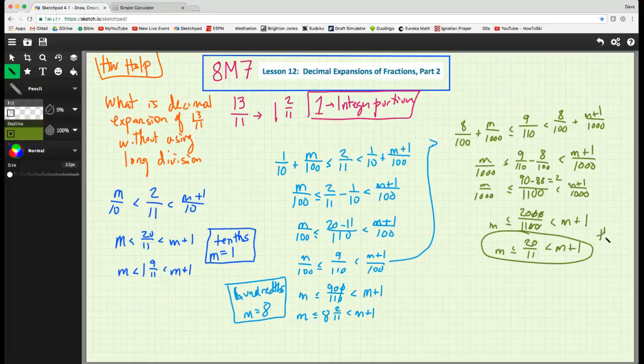So our thousandths digit, or our 1 over 1,000th, is equal to 1. And we have a repeat from earlier, which gives us a 1 and then an 8, and then a 1 and then an 8. So our answer is 0.181818 dot, dot, dot. And remember our integer portion is a 1, so our final answer is 1.18 repeating.